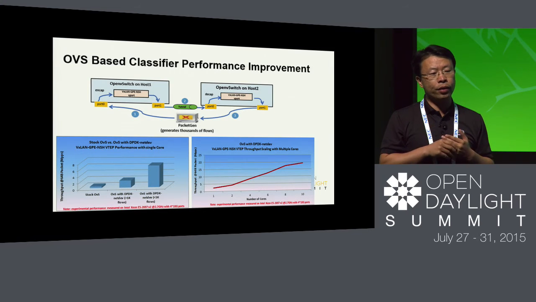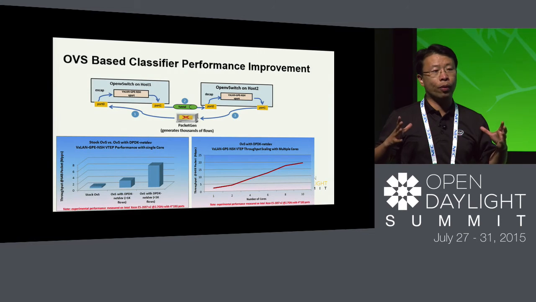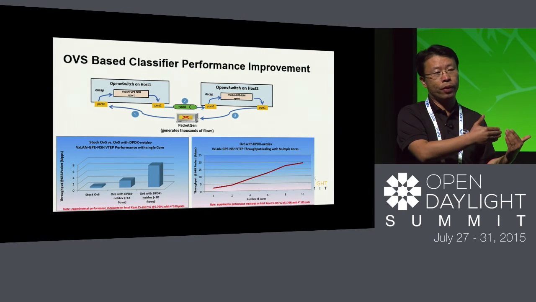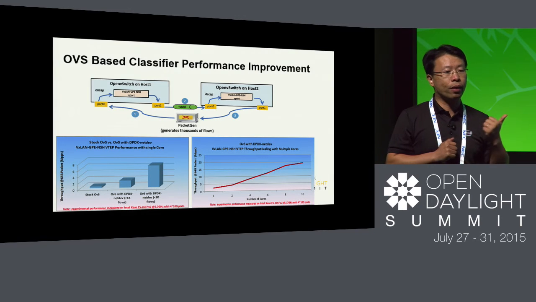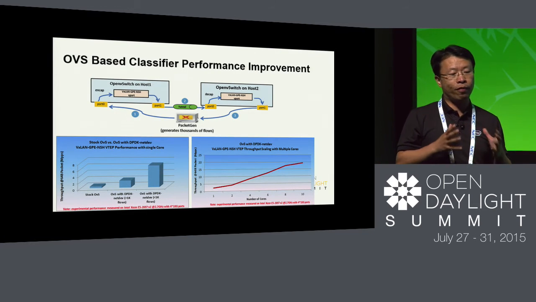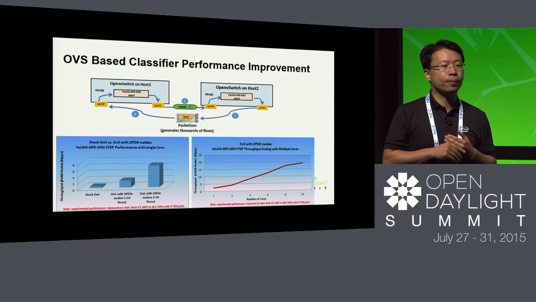In addition, in DPDK 2.2, we have a new cuckoo hash-based algorithm. It can boost the performance for big table lookup compared to the previous RT hash. So once that part is ready, and once OVS takes that, the performance for big table lookup will be much better than today. Okay.